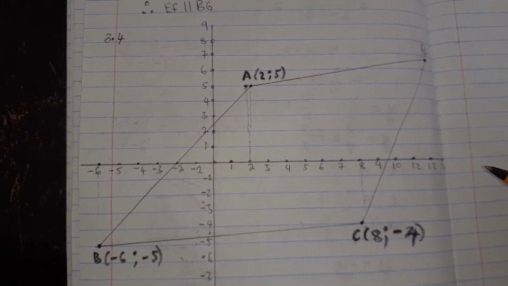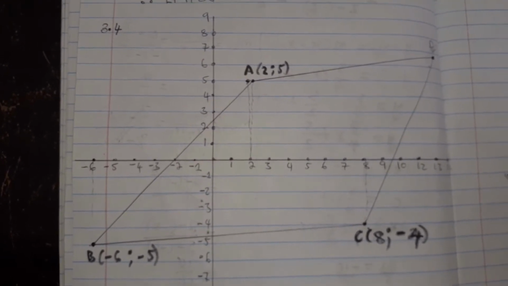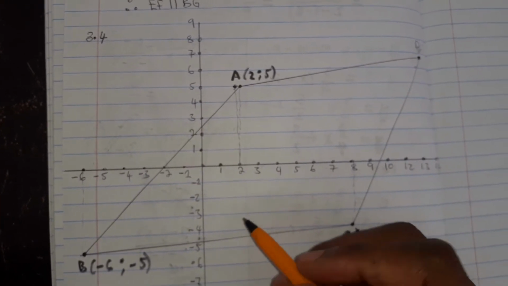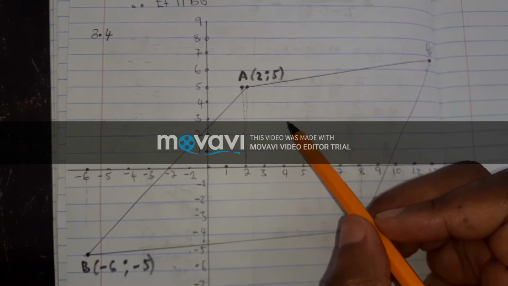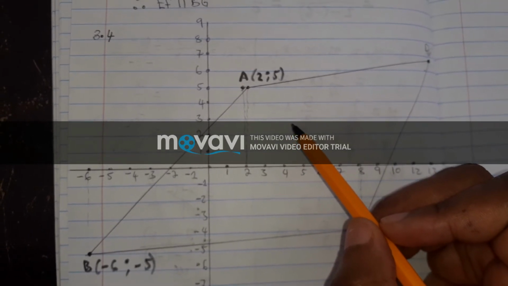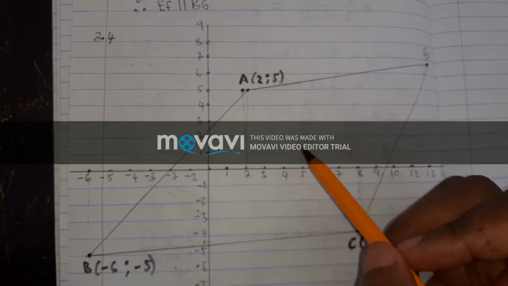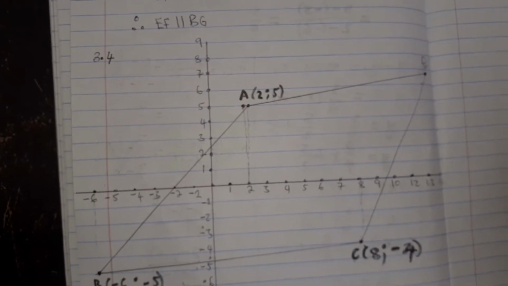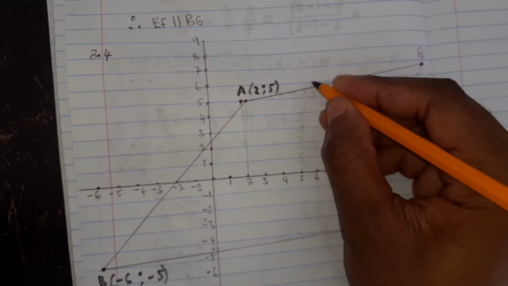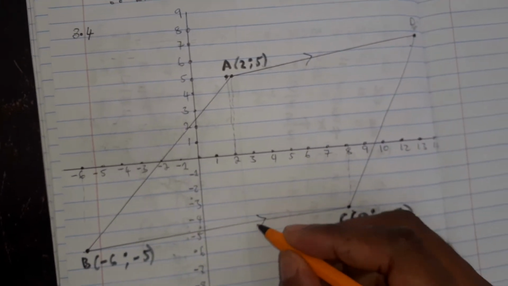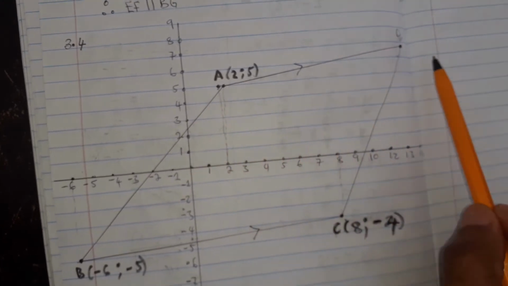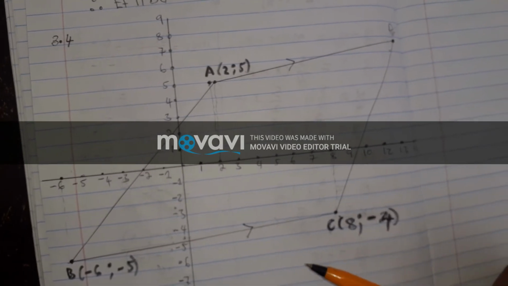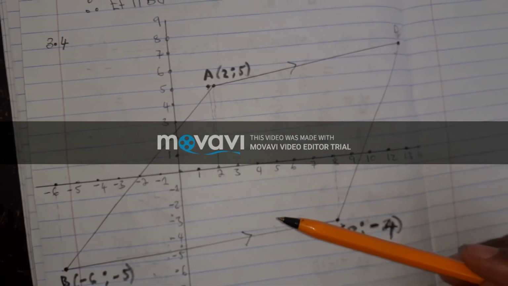Then look at the properties of a parallelogram: two pairs of opposite sides. One property is that sides AD and BC are parallel to each other and equal.